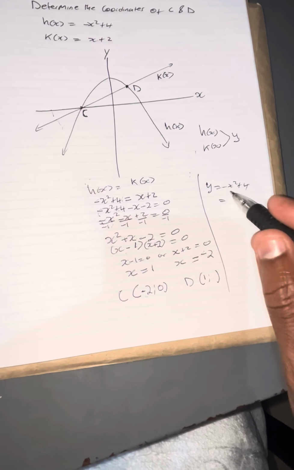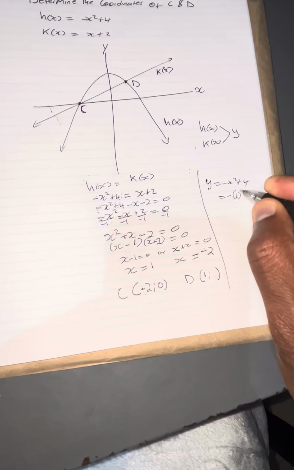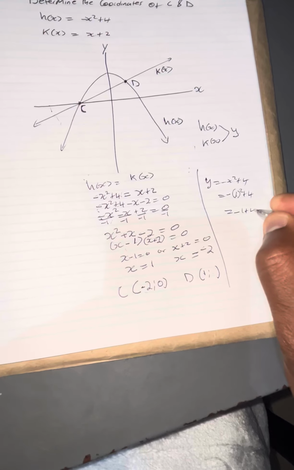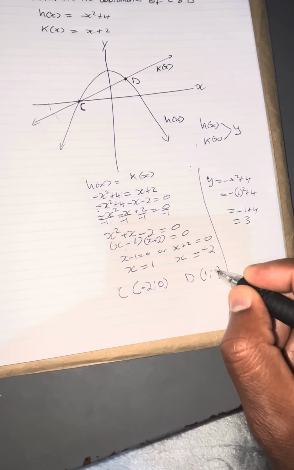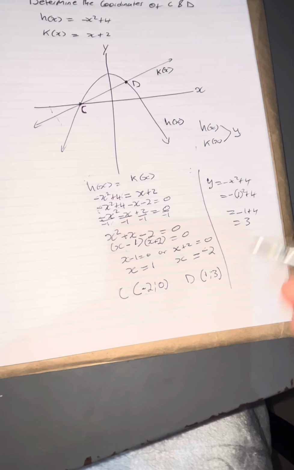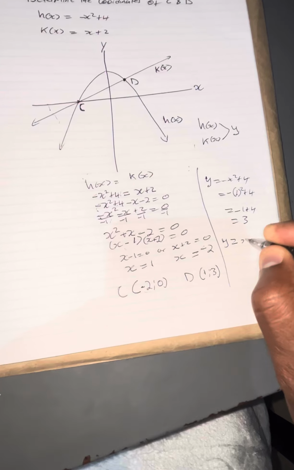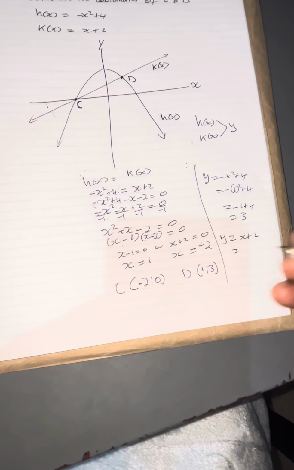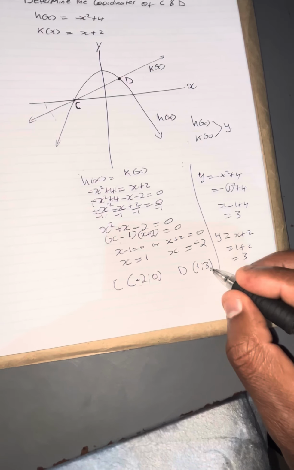Let me replace x by 1. So this will be negative 1 squared plus 4, which is equal to negative 1 plus 4, which is equal to 3. So our y value is 3. You can even check using k of x. It's y is equal to x plus 2. Where there is x, replace it by 1. 1 plus 2, which is equal to 3, as you can see here.